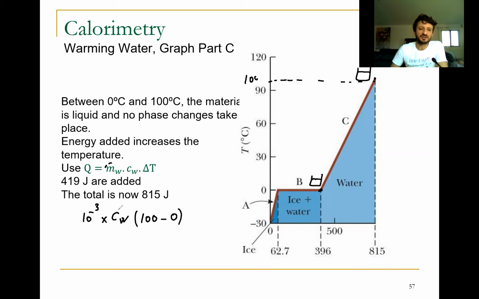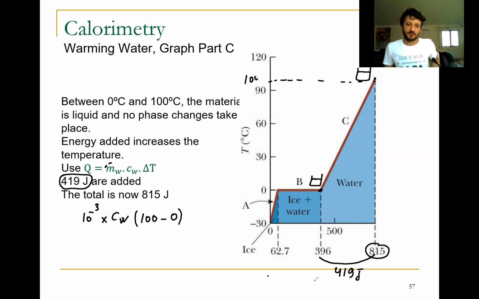Okay, the answer will be 419 joule. This is the quantity needed to convert the liquid from 0 liquid to 100 liquid. Okay, it's from here to here. I need 419 joule. The total from here to here equals 815. Okay.